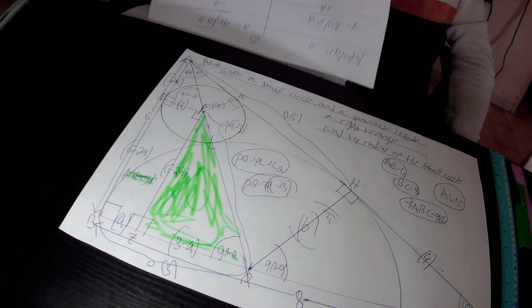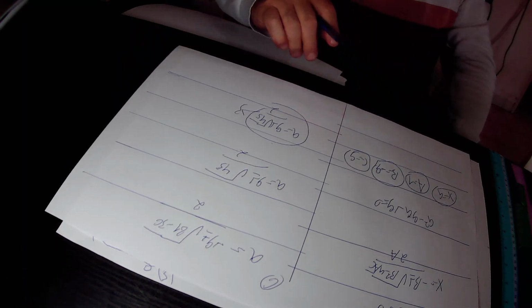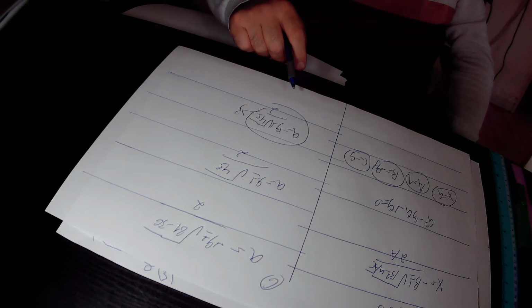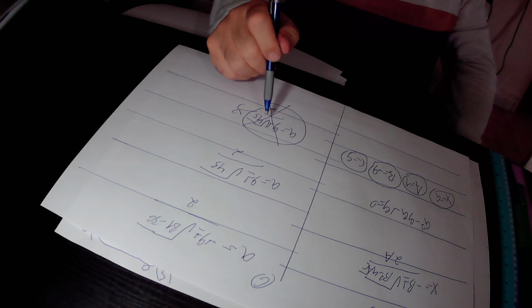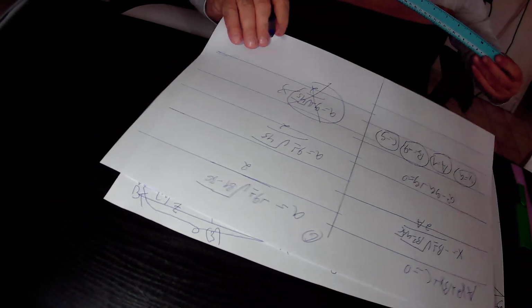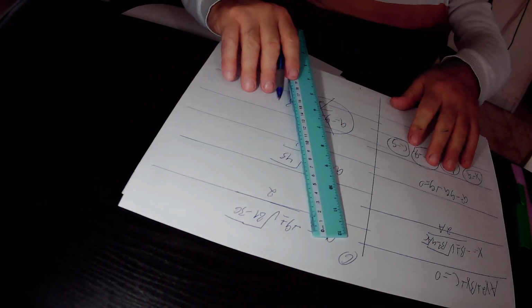But according to the first solution for a, the radius of the small circle is greater than 3. So this solution is not the correct solution. We cancel this solution, and we are left only with the second solution that is possible for a.